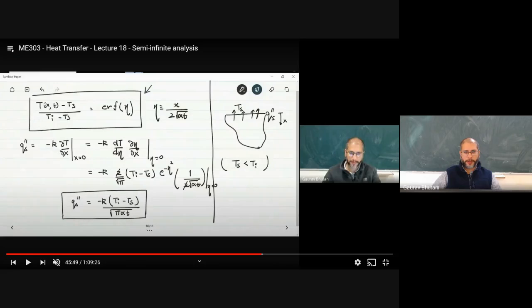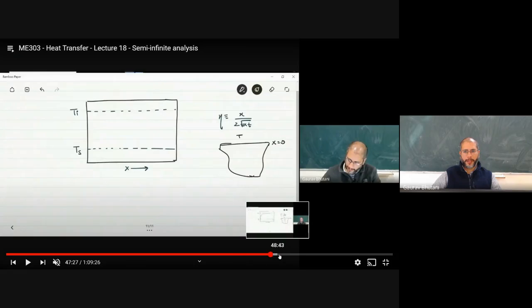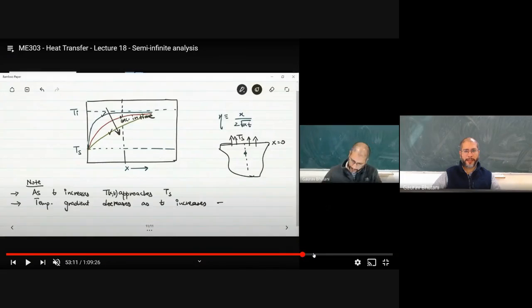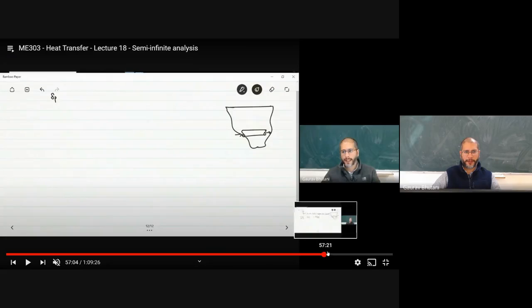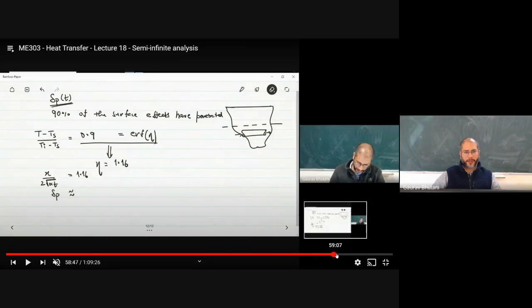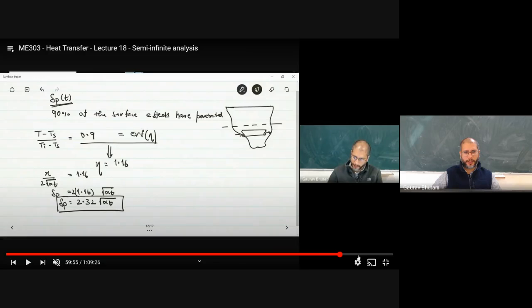And then we also calculated the q_s double prime, and then we talked about the idea of penetration depth, which is the depth for a given time at which 90% of the surface effects have penetrated. So you can easily calculate that as proportional to square root of alpha t.